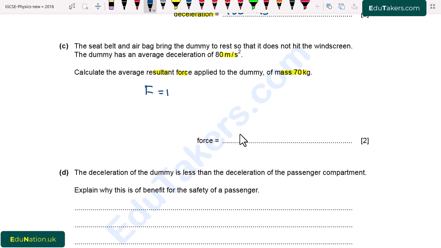Resultant force will be equal to ma, according to Newton's second law of motion. Mass is 70 kg and the acceleration is 80, so force comes to be 5600 Newtons.